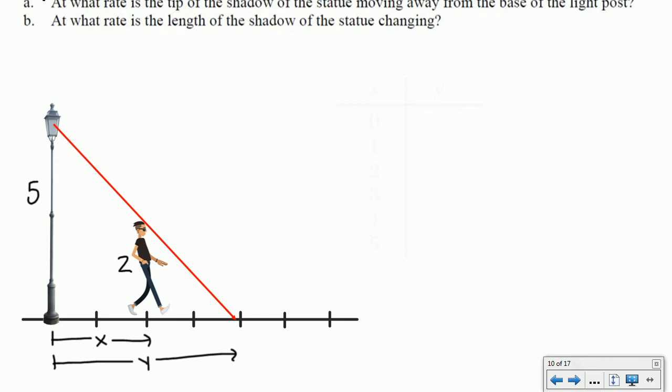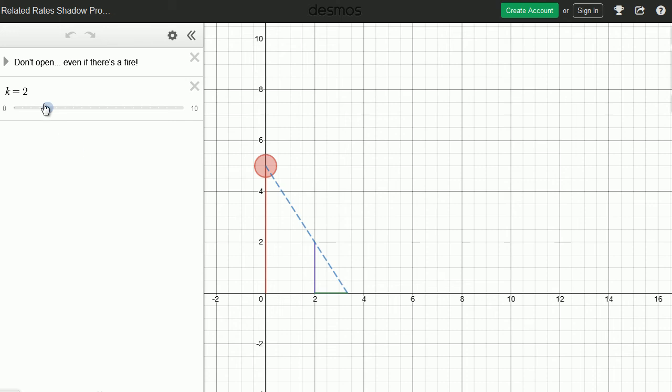Before we go any further with this problem, we can actually play around with this on Desmos. I've provided you a link in the description, and here's what it looks like. We have a slider here that can manipulate the distance of the statue. This red circle represents the lamppost. This purple line represents the height of the statue, and this is where the end of the shadow is.